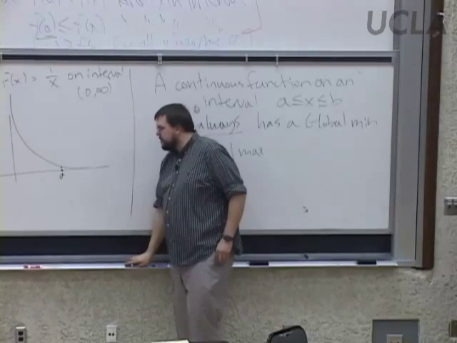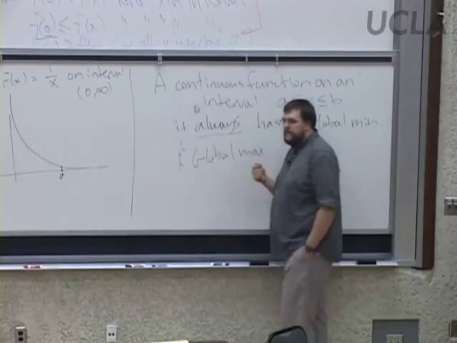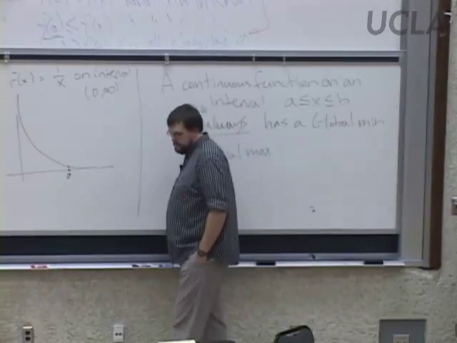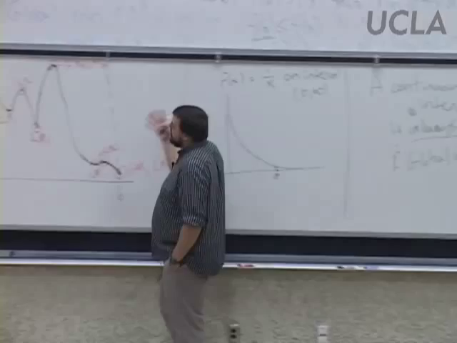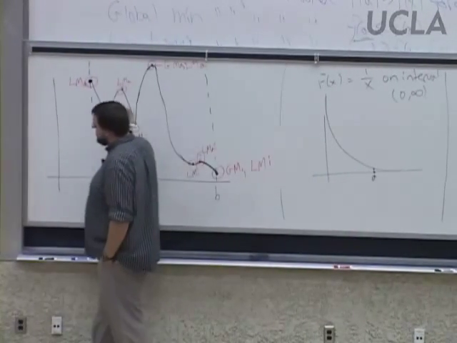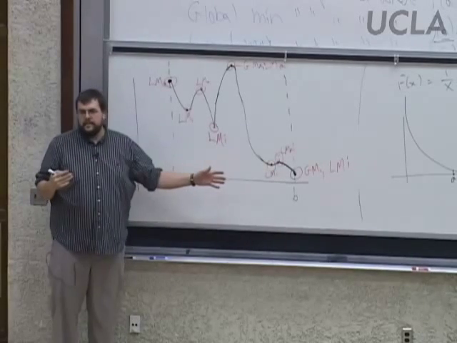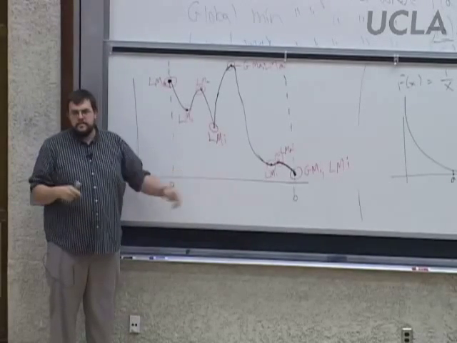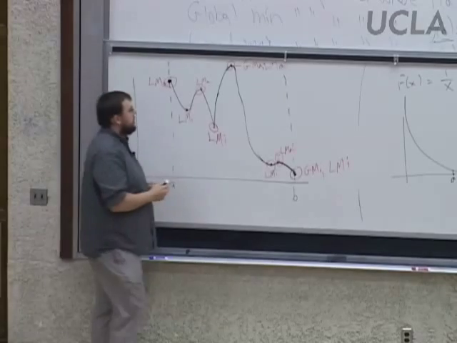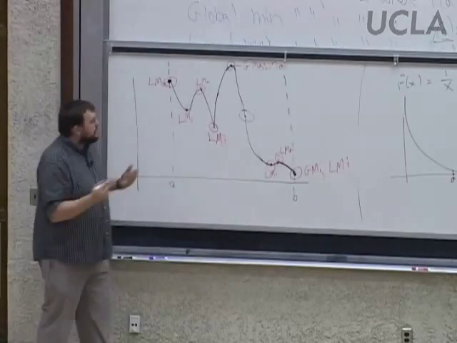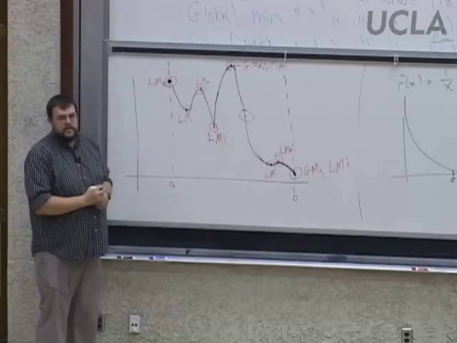Now we need to start thinking about how we find these points. So let's come back to our picture here. What do the points where there are local mins and local maxes have that points that we haven't circled don't have? For instance, I didn't circle this point over here. How do we know that's not going to be a local min or a local max?